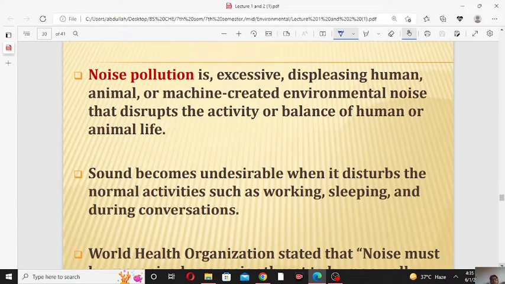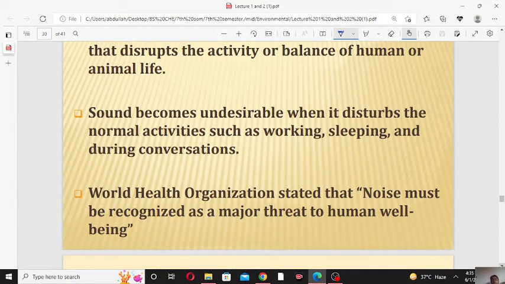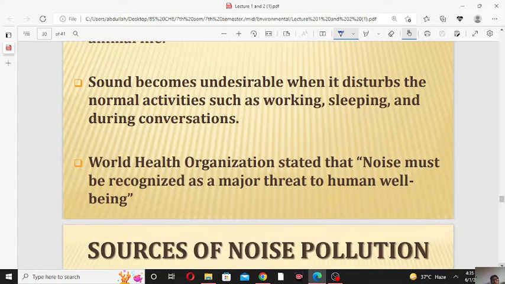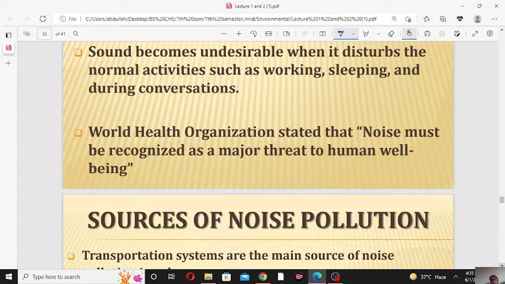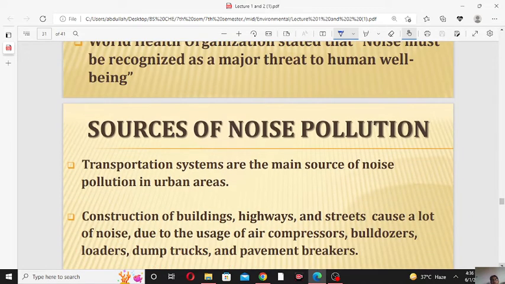Noise becomes undesirable when it disturbs normal activities such as working, sleeping, and conversation. World Health Organization stated that noise must be recognized as a major threat to human well-being.